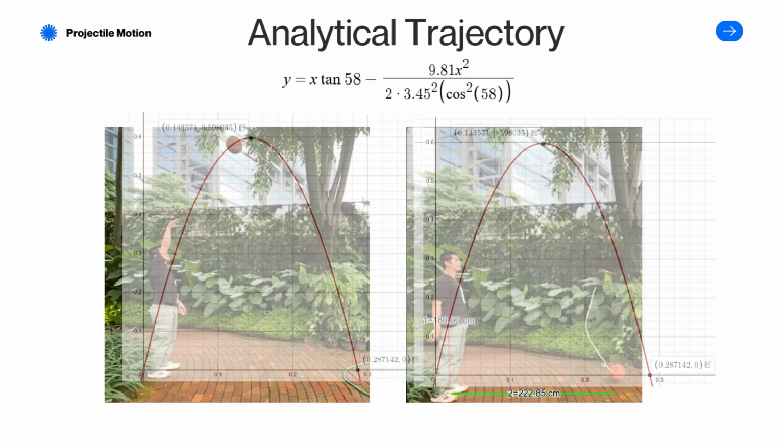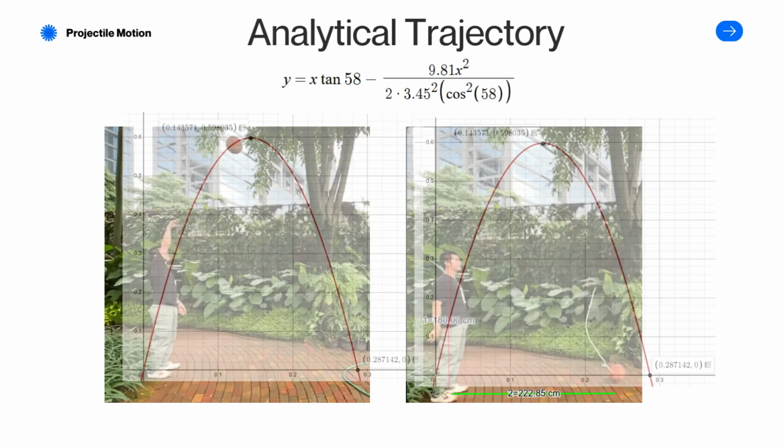However, the ball does fall short of the predicted analytical horizontal displacement, where the analytical horizontal displacement is 0.287 meters, while the actual one is 0.22 meters.